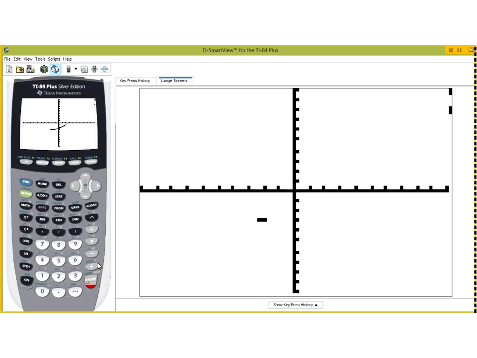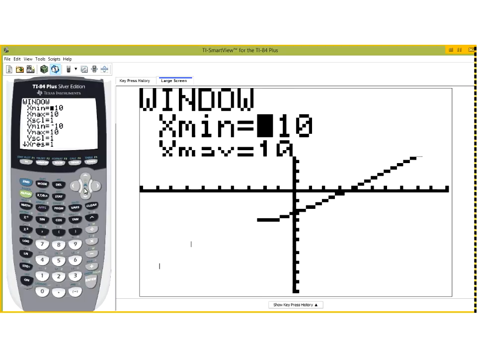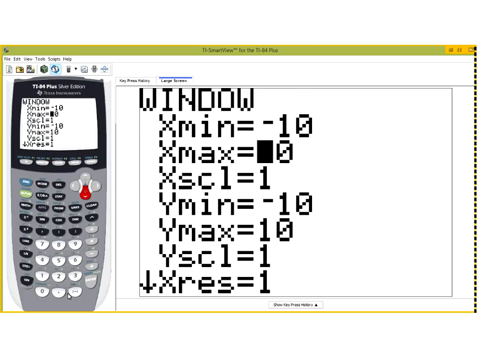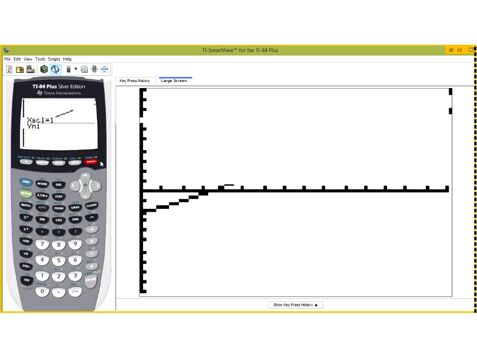Okay, I want to go back to my standard window. So the standard window doesn't quite capture that. So let's change our x max to something like 15.